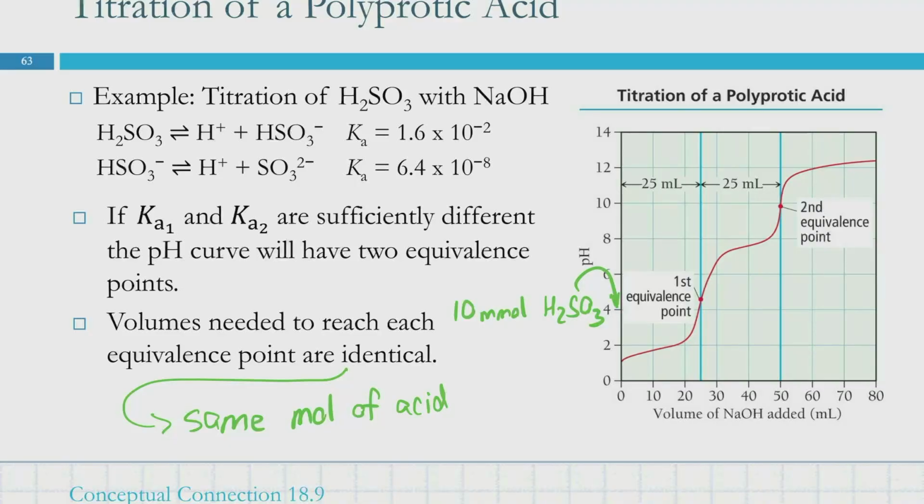So initially 10 millimoles of H2SO3. After we add 1 equivalent of base, that's going to pull off 1 of the protons. Then we'll have 10 millimoles of HSO3 minus. To pull off 1 of those equivalents, we just need to add 10 millimoles of the next thing. So that's why our equivalence points should be evenly spaced out.